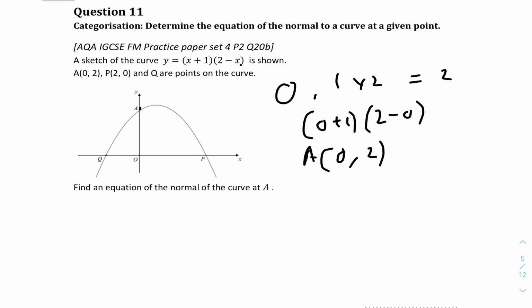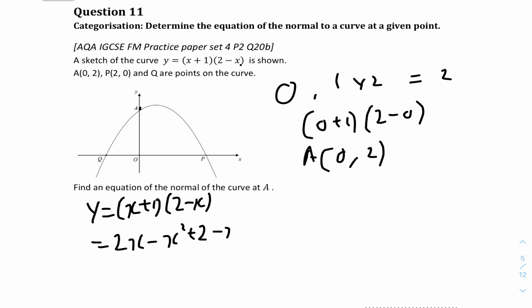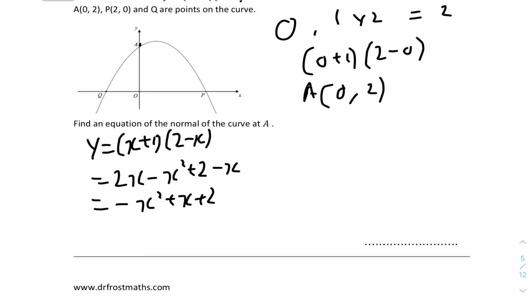And we can also expand the bracket for y. So y equals (x plus 1)(2 minus x). So it will be 2x minus x squared plus 2 minus x, which gets us minus x squared plus x plus 2. And we have to differentiate it. So dy over dx equals minus 2x plus 1.